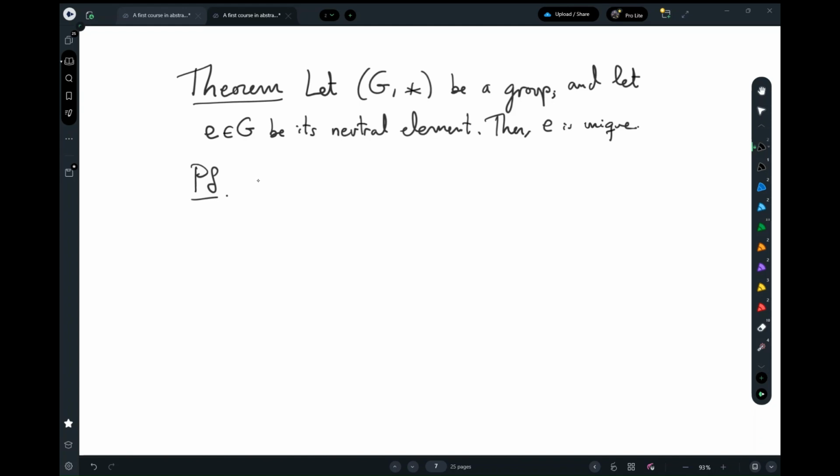So suppose e and e prime are neutral elements.